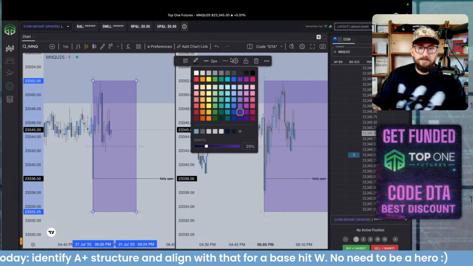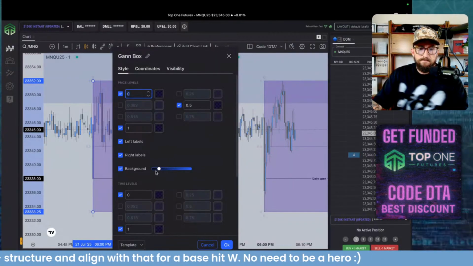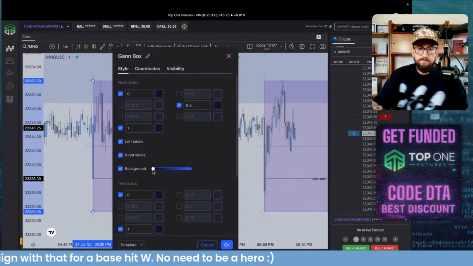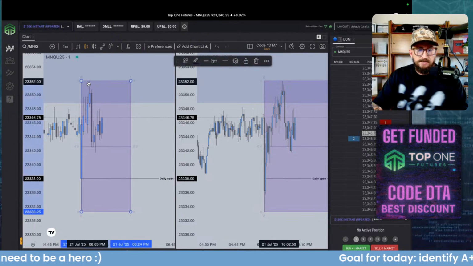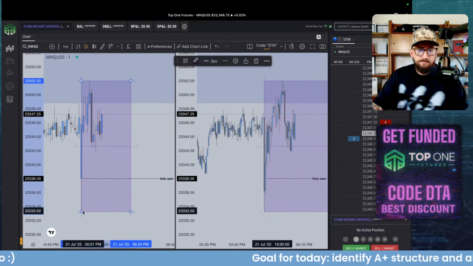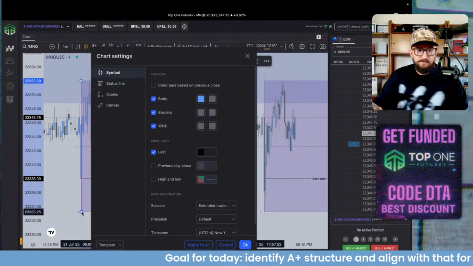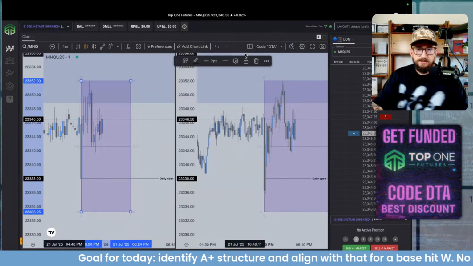Anyways, that's your opening range that's starting to form. Even in this scenario, we have opening range high, opening range low. It pulls back to the 50%. Try to get this cleaner.